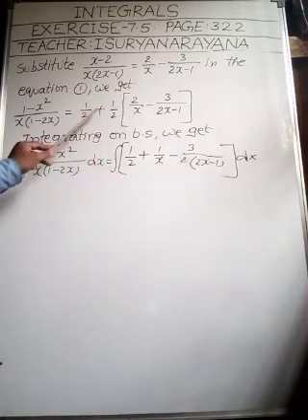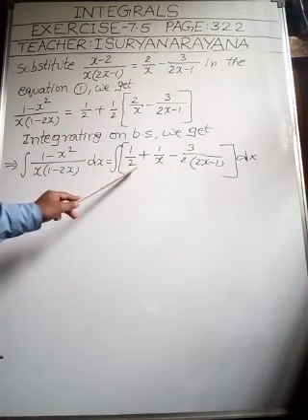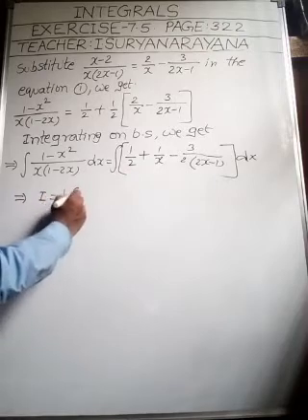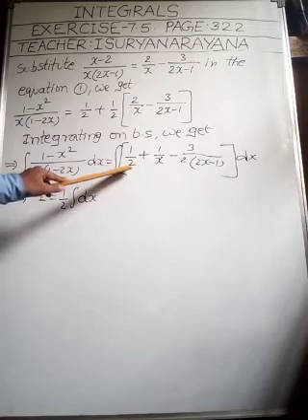I wrote this first term as it is. Now we find the integral of each and every term separately. Therefore, I is equal to 1 by 2 integral dx. Here, first term is 1 by 2, it is a numerical coefficient.